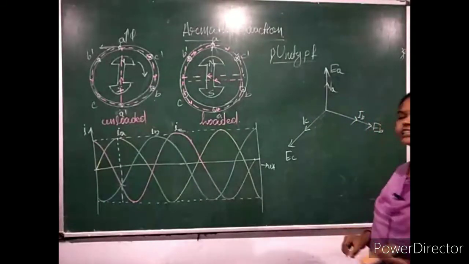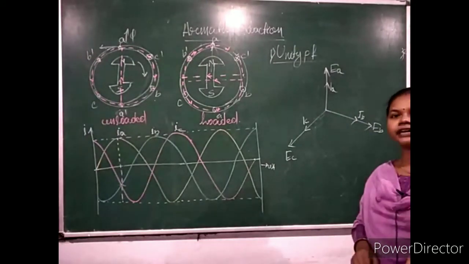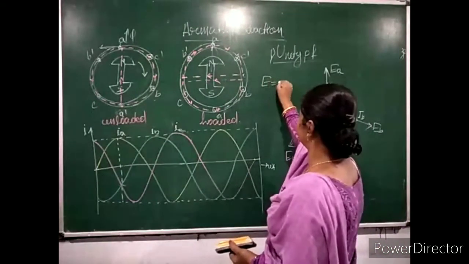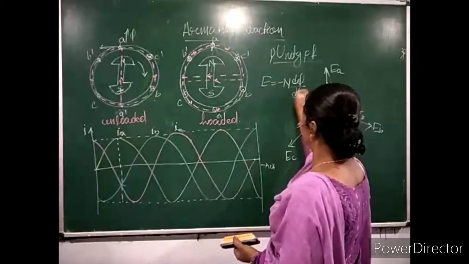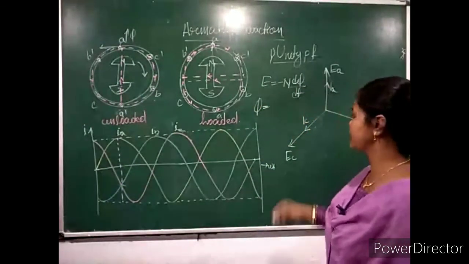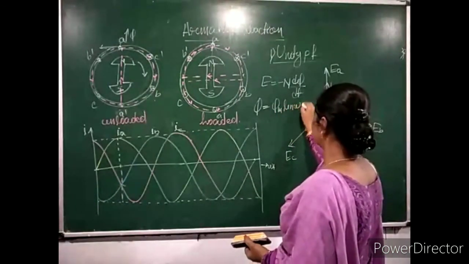So what is the respective flux? As you know, flux leads the EMF by an angle of 90 degrees. How do you know that? From which equation do you get this conclusion? You know that E is equal to minus N d phi by dt. Here we take the alternating quantity of flux, that is phi m sin omega t.